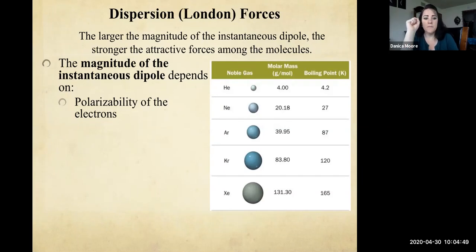So thinking about that electrostatic attraction, right? Coulomb's law, the two charges multiplied together divided by r. So you're essentially making r bigger and bigger as you go down the periodic table. That allows those outermost electrons to be more mobile because they're not being held on to as tightly by the positively charged nucleus. Does that make sense?